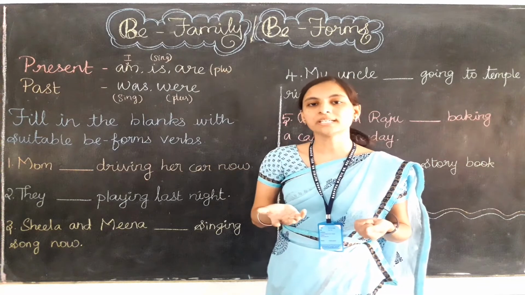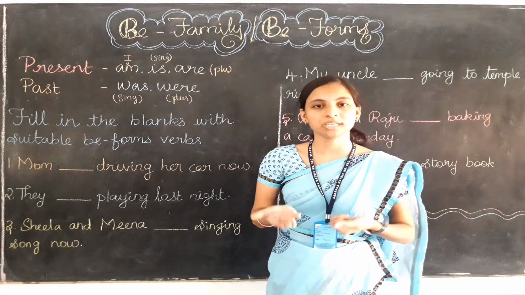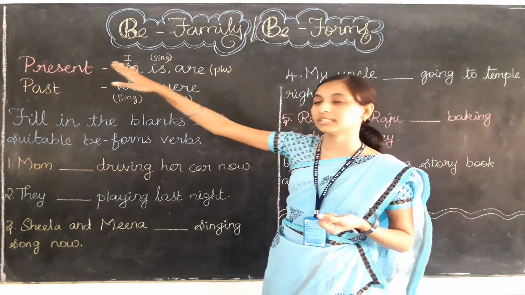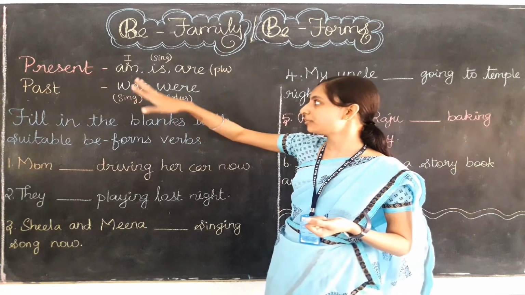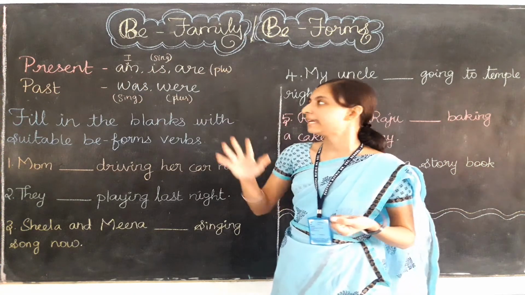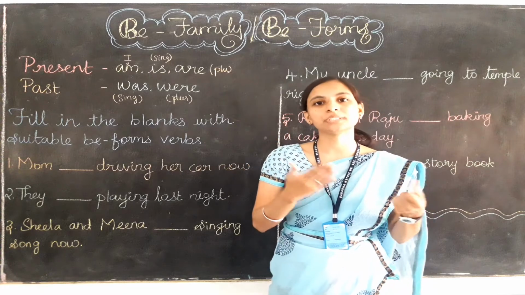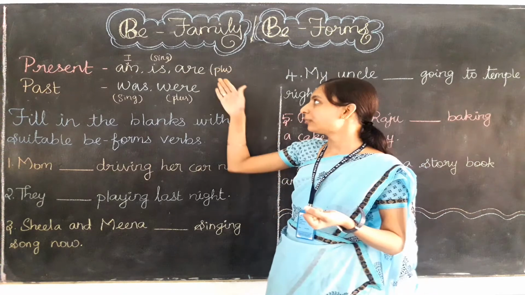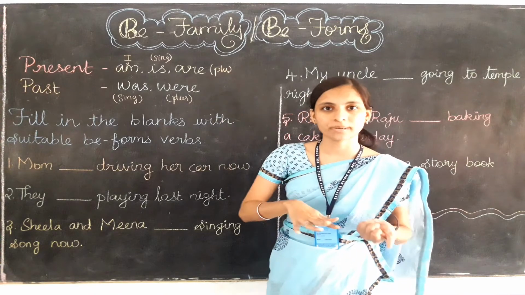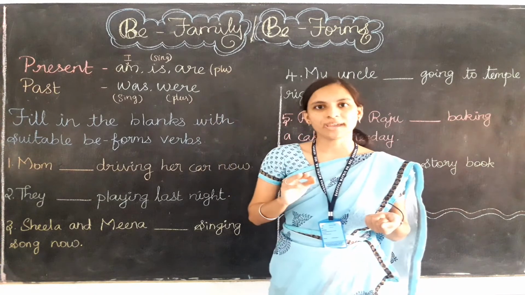If the subject is he, she, it or a singular noun, we use is for the present time, and for the past time we use was. If the subject is we, you, they or a plural noun, for the present we use are, and if they are talking about a past time event, we use were only.